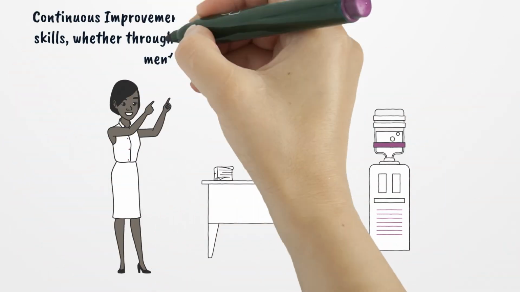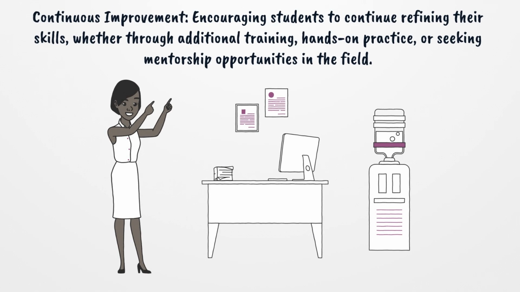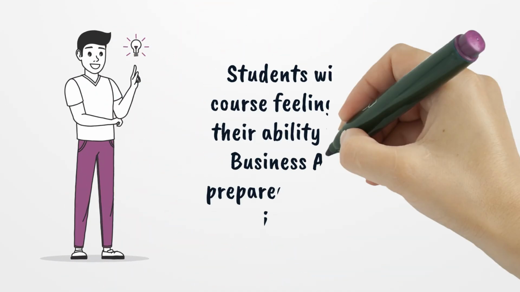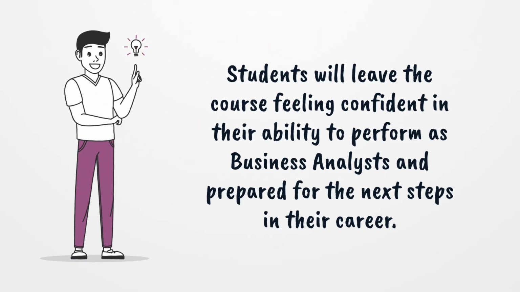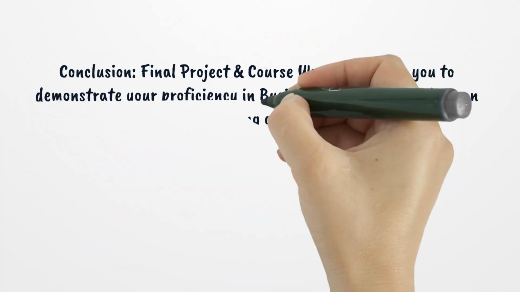Continuous improvement, encouraging students to continue refining their skills, whether through additional training, hands-on practice, or seeking mentorship opportunities in the field. Students will leave the course feeling confident in their ability to perform as business analysts and prepared for the next steps in their career.